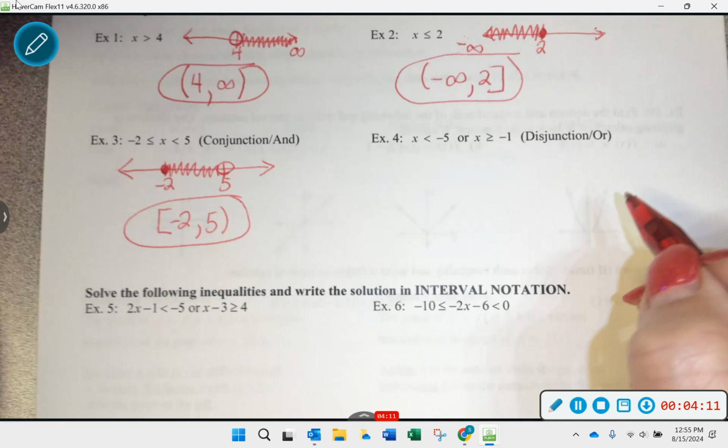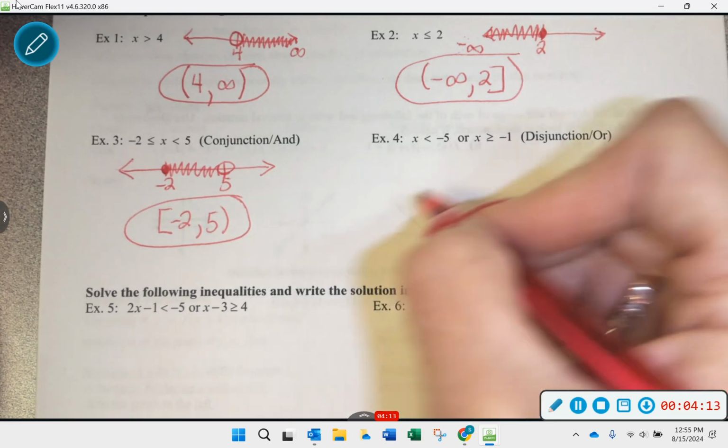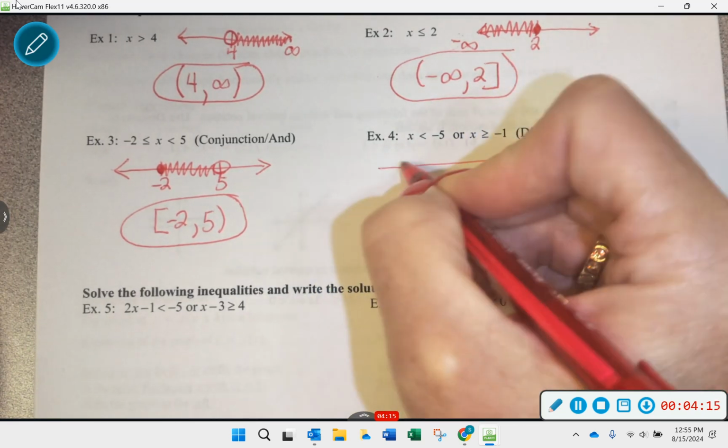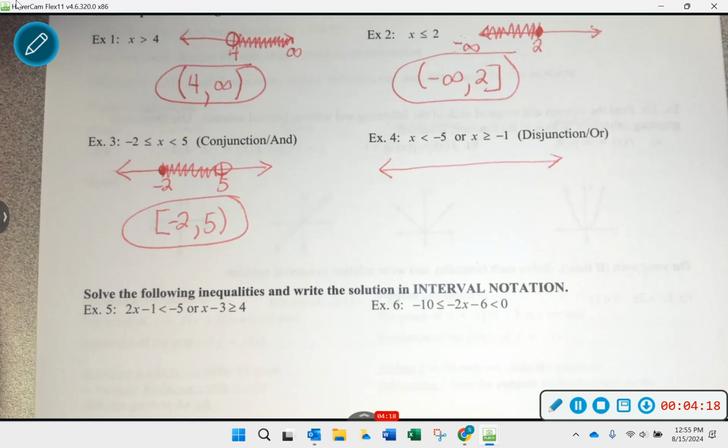All right, let's look at example 4. Create your own number line.